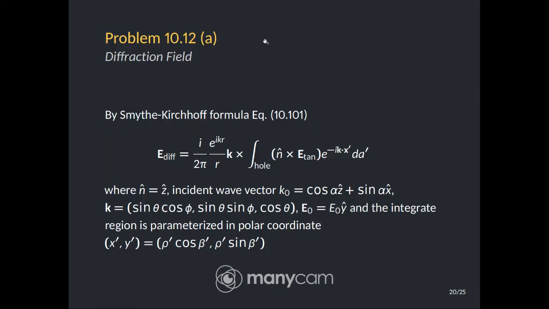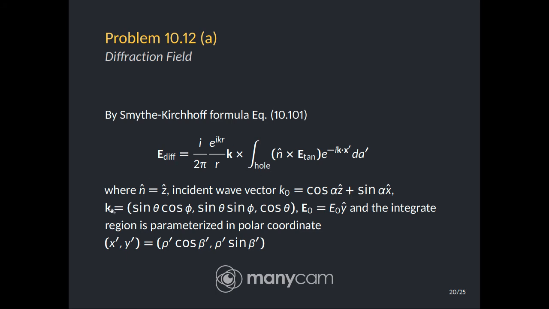For problem A, by the Smith-Kirchhoff formula, equation 10.101, the diffraction electric field can be expressed in the following form, where the integration region is just the hole on the screen. And in this problem, our n is equal to the z direction. The incident wave vector k0 is equal to cosine alpha z plus sine alpha x.